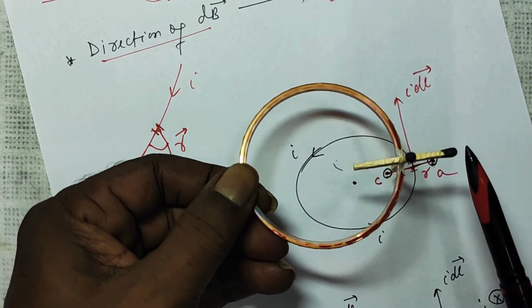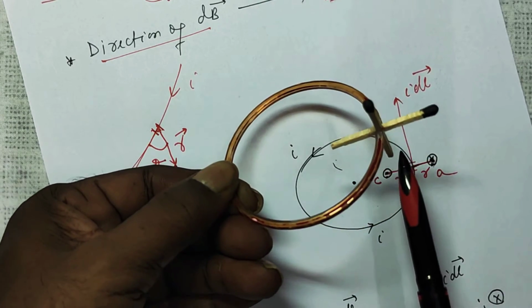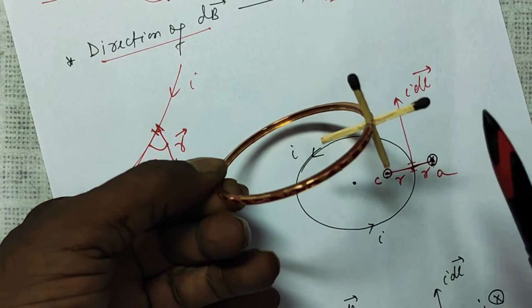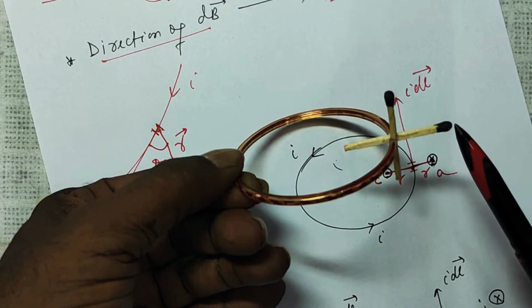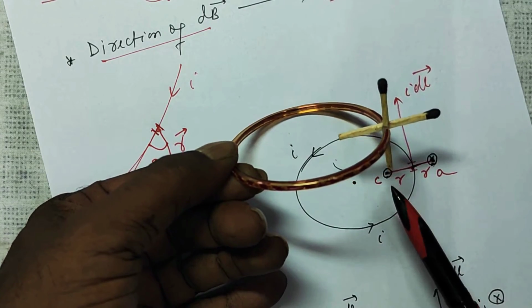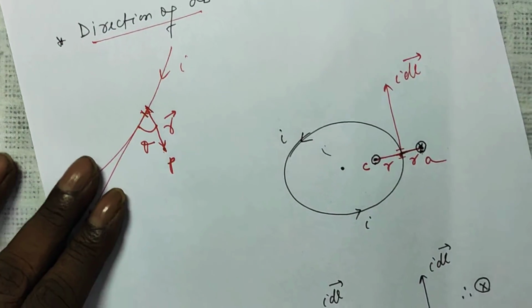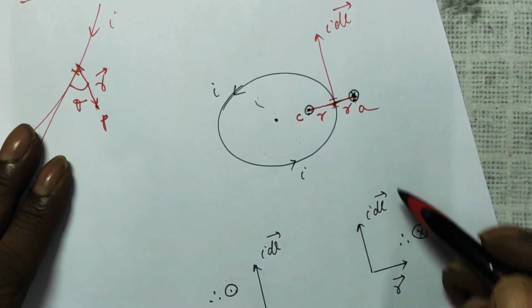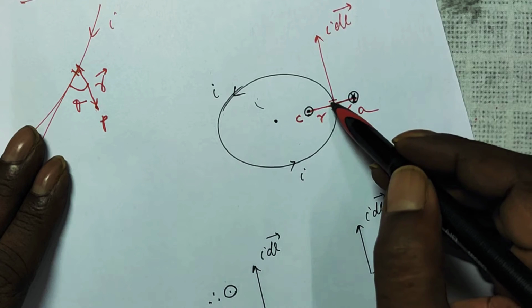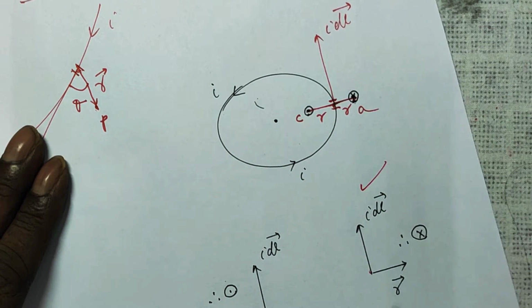Now let us find out the direction of the magnetic field at the point A, at the point B, at the point C, and at the point D, right? So that is what I am showing here. So for this point, if you consider Idl here, Idl is to this side, that I have shown here.